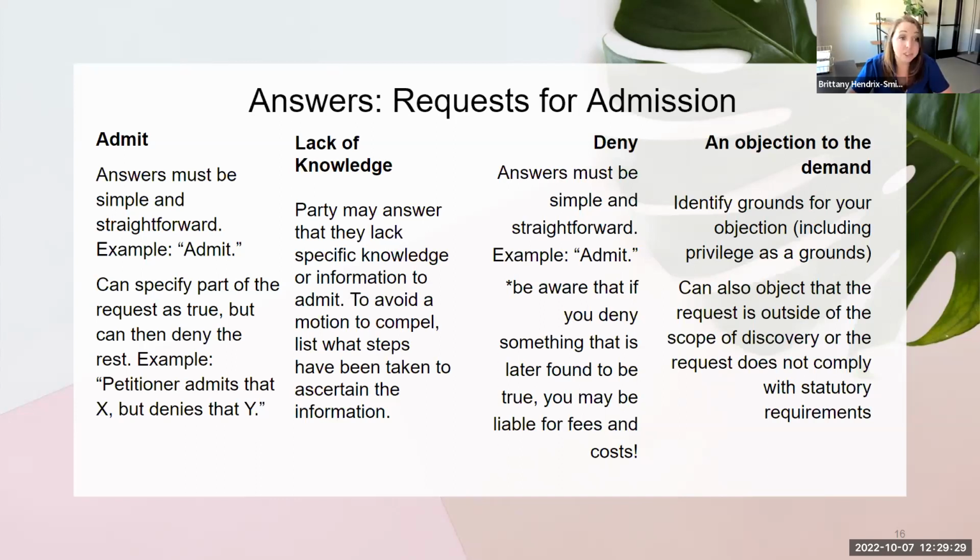You can answer that you lack specific knowledge, but if you're saying you lack specific knowledge, the same as with custody and control, you have to say what you did to try and get that knowledge. Say you're asked to admit that you have this bank account number. Okay, I went to the bank and I checked with them and my records, and they said that I didn't have that. That's something you can admit or deny.